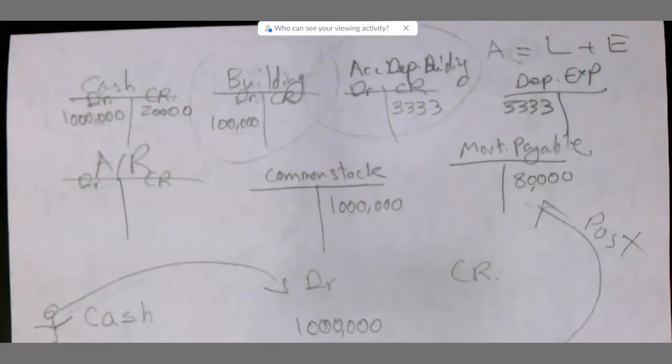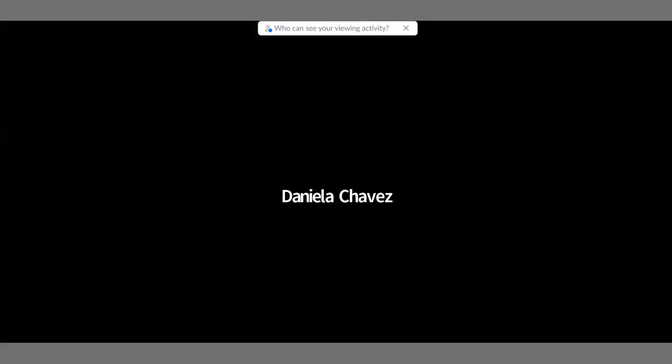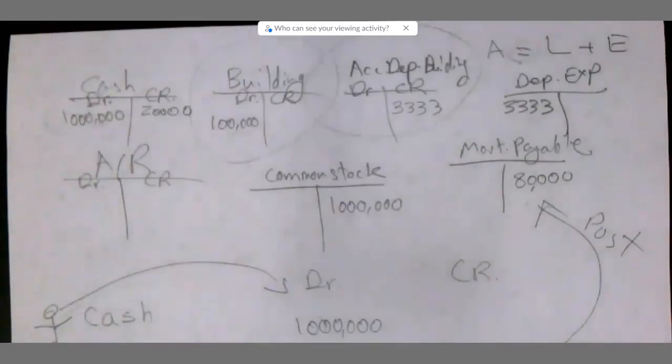Loan payable or mortgage payable or note payable, they are all the same thing. Make sense? Yes, thank you so much. So you might change it a little bit, but overall it should be just common sense.